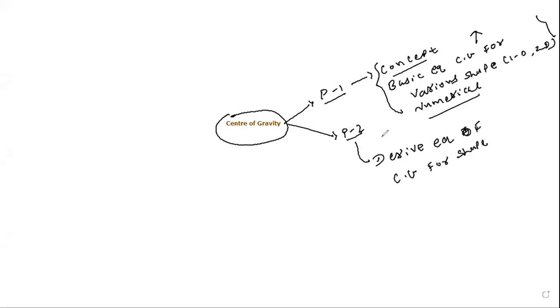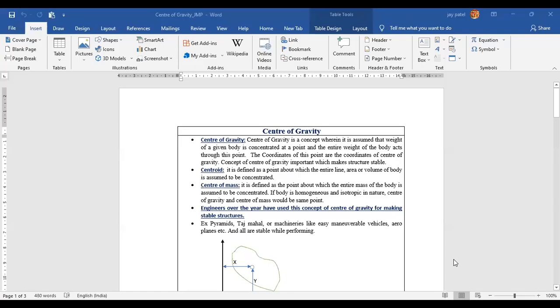Okay, so let me start center of gravity. Is my screen visible to all of you? Please confirm.